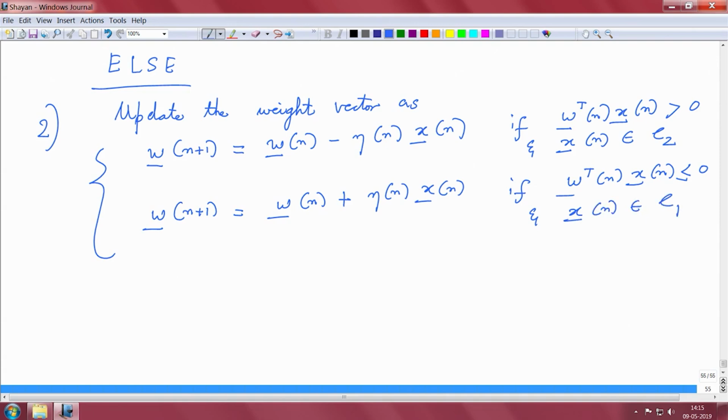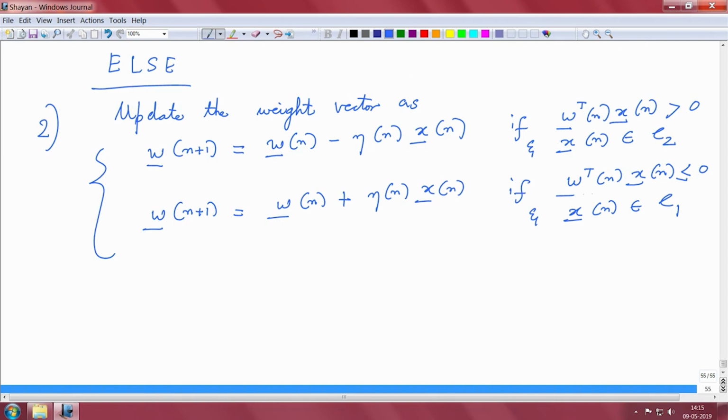So, we have to update if we consider a situation where the inner product of the weight at time n and the data point is greater than 0, but the class to which this data point was belonging was C2 instead of C1. That means the weight that we had should be lowered, and therefore, I have to scale in the direction of xn. So, I subtract this quantity xn, I scale it with some eta.